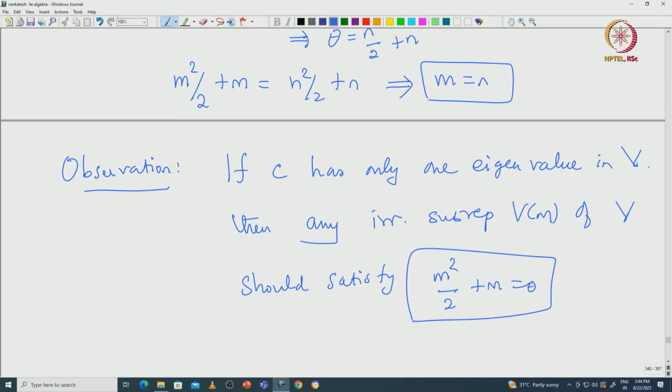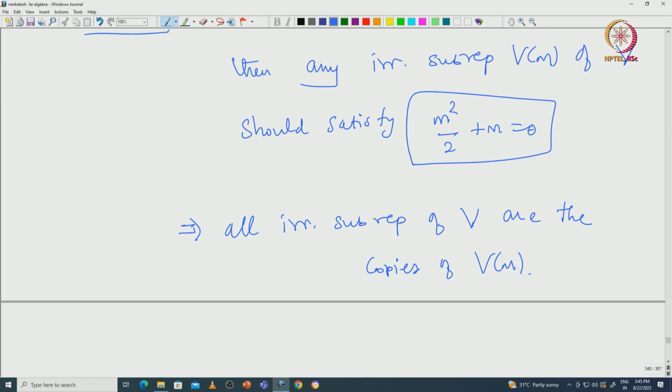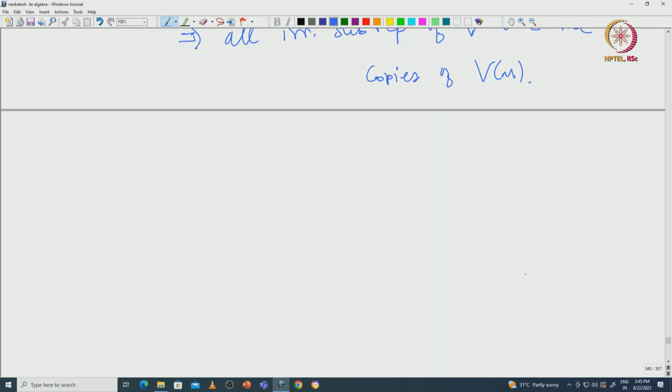That means all irreducible sub representations of capital V are copies of V m. This is a very, very important observation.